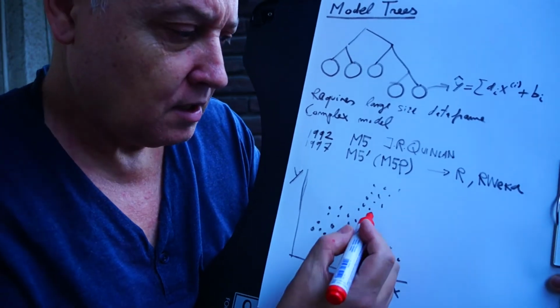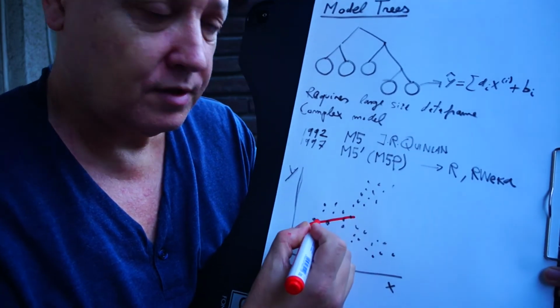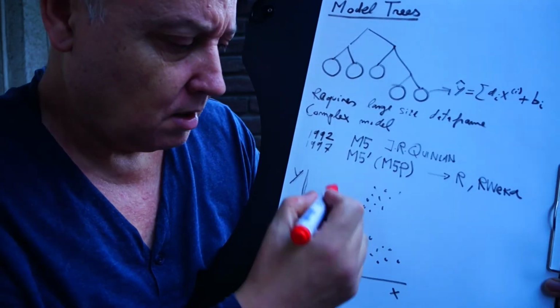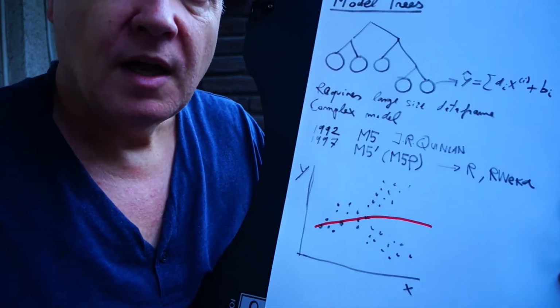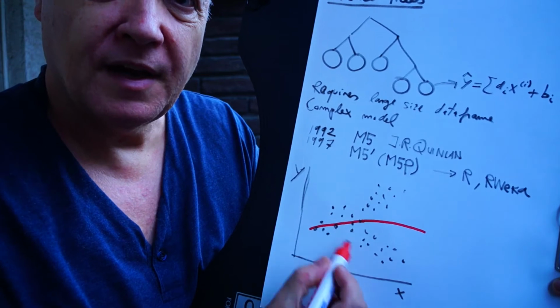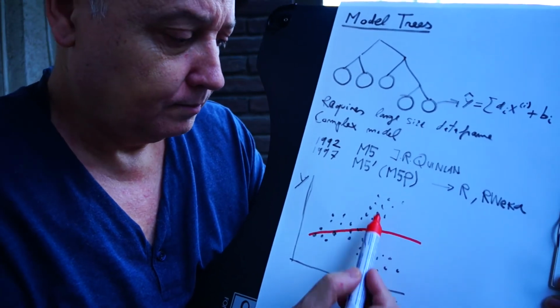So in that case, what you would get is something like a line here, because usually the estimation goes to the middle, the mean of the sections, and then something like this. And this is an estimation which is good for this part here, but not for the rest of the plot.